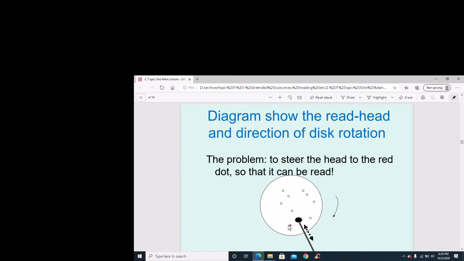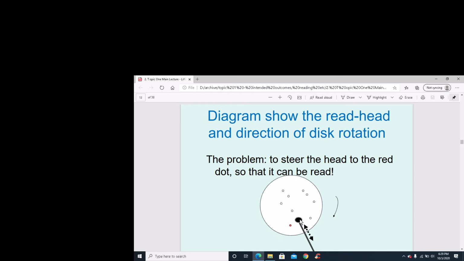And the problem is that I've got a sector which I've marked in red here. In other words, it's a collection of bytes that I've actually written onto the platter, and it's revolving at high speed.